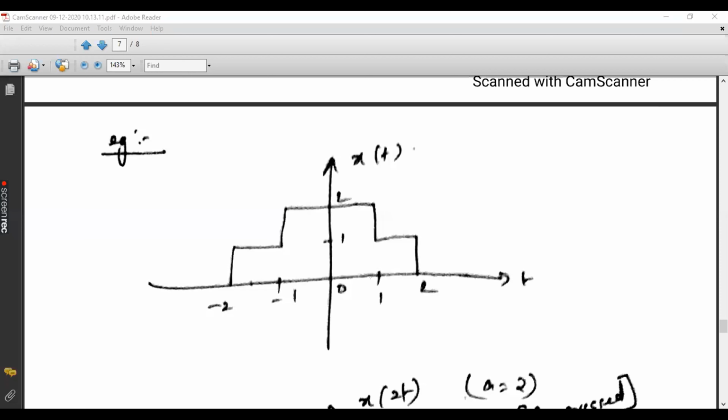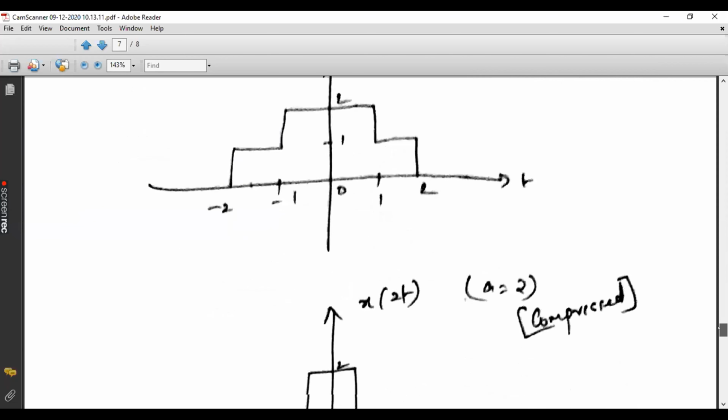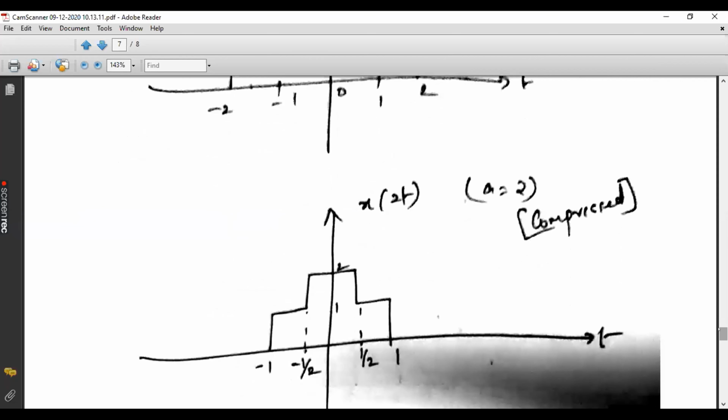And here it will be half, and here it will be 1. So the signal will be confined from -1 to 1. It is very clear, isn't it? So in this way, we are going to compress the signal. Kamalnath, very good. So this can be plotted like this. So this is how we have done x of 2t.